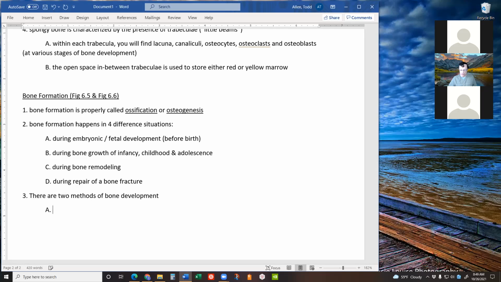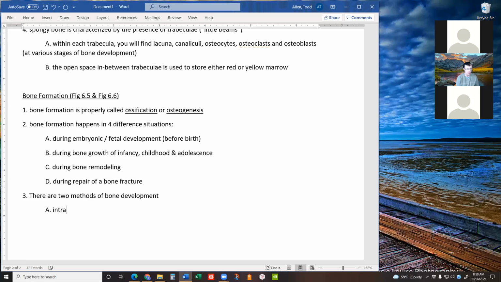Intramembranous ossification is a form of bone formation in which the bones develop directly out of that layer of connective tissue stem cells that I mentioned last time in your notes, and which is in chapter 4, called the mesenchyme.